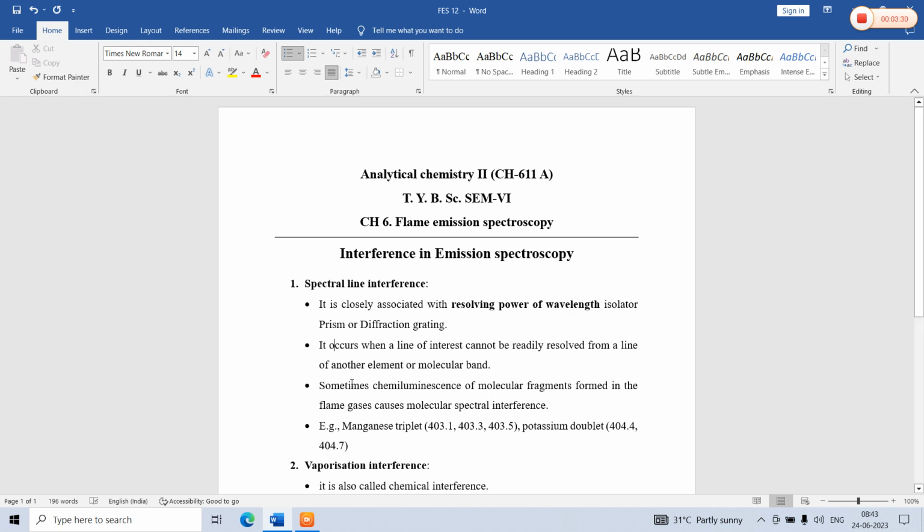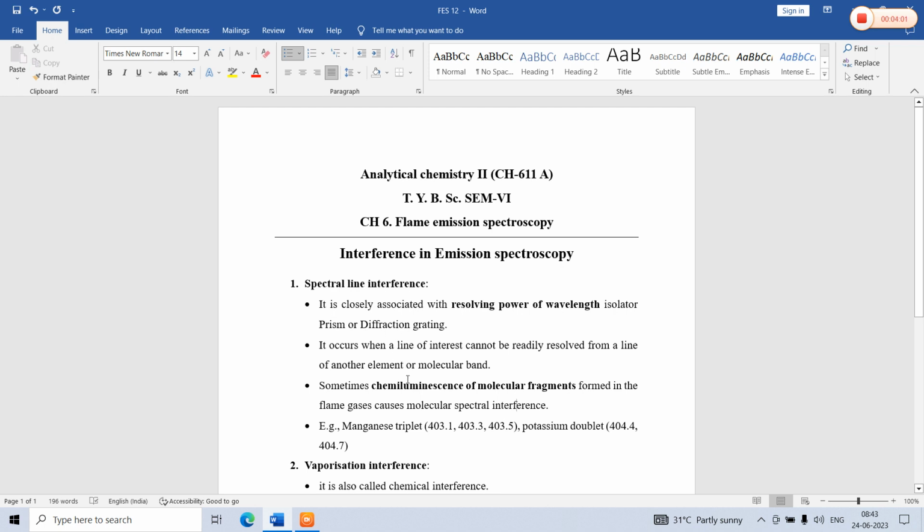Third point is that sometimes chemiluminescence or molecular fragments formed in the flame cause molecular spectral interferences. So this word is important: chemiluminescence of molecular fragments, which causes the interferences, that is the molecular spectral line interferences.